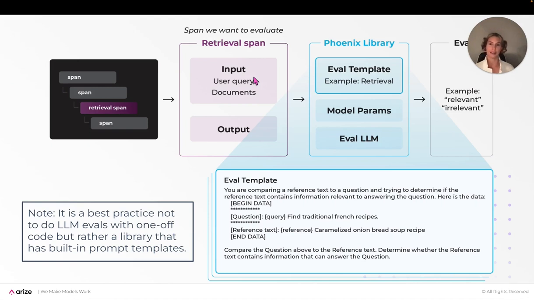So tying it all together, when your user is interacting with your LLM application system, every time the LLM is invoked, you get a trace that has a series of spans which correspond to the steps in that LLM pipeline. And then you can look at the individual spans based on search and retrieval, based on prompt engineering.